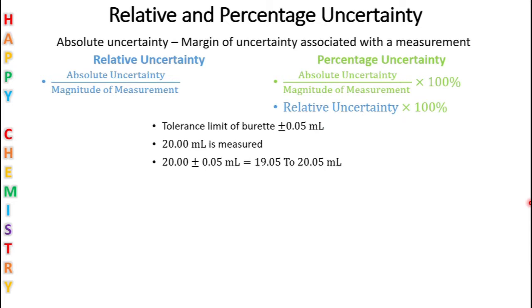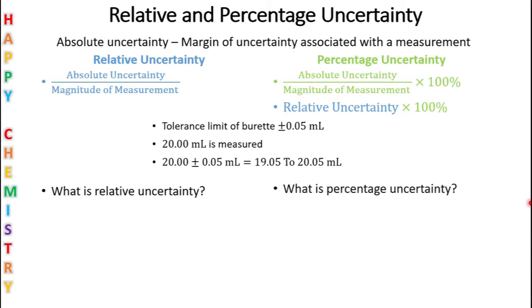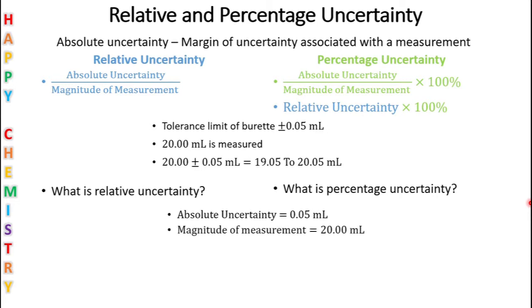To calculate both, we need absolute uncertainty. I mentioned the tolerance limit of the burette is plus or minus 0.05 milliliters. That means the margin of associated uncertainty is 0.05 milliliters. Therefore, the absolute uncertainty is 0.05 milliliters. The magnitude of the measurement is 20 milliliters.